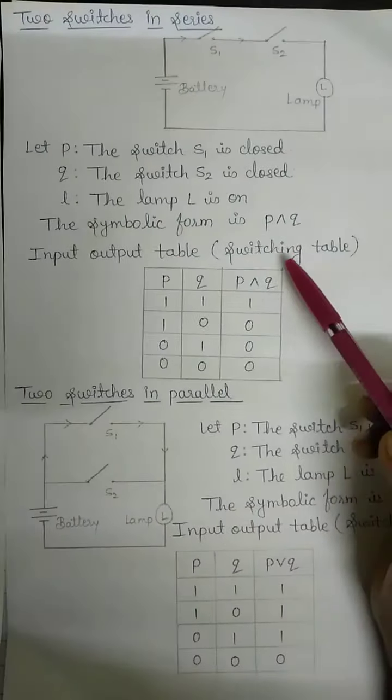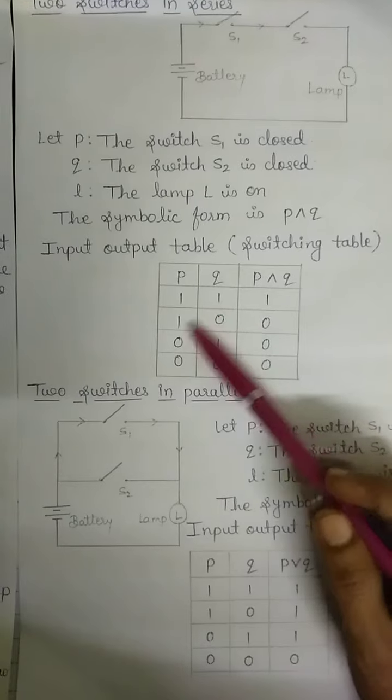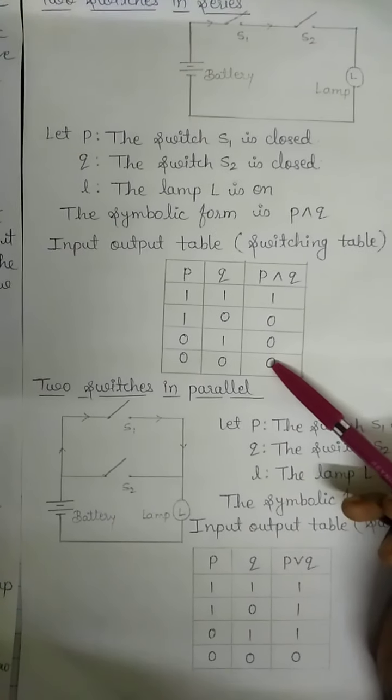Now do you remember the table for the logical connective AND? Out of two statements, if any one is false, then the answer is false. So here out of these two, if any one is 0, then you will get the output as 0, otherwise you will get the 1. So here we have 1, then 0 0 0.